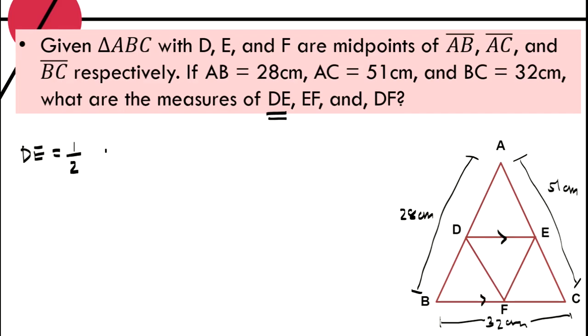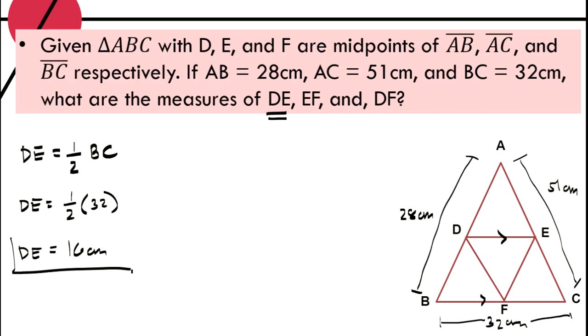Therefore, DE is equal to 1/2 the measure of BC. Substitute the measure of BC. So DE is equal to 1/2 times 32, and 1/2 of 32 is 16 centimeters. So the measure of midline DE is 16 centimeters.